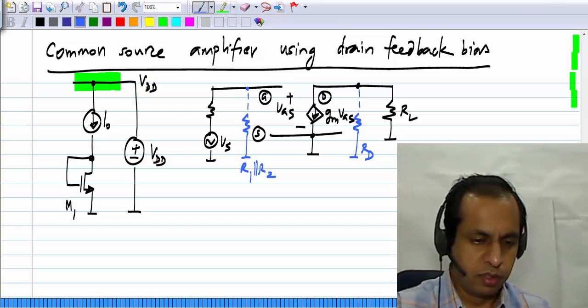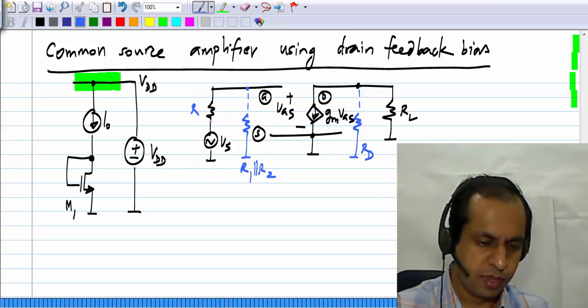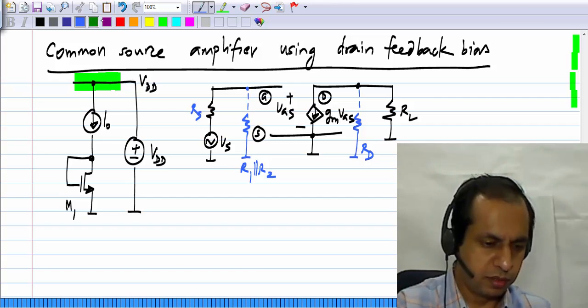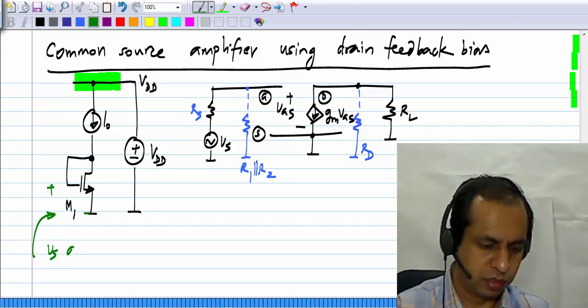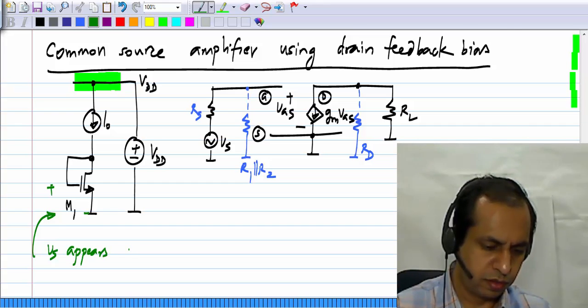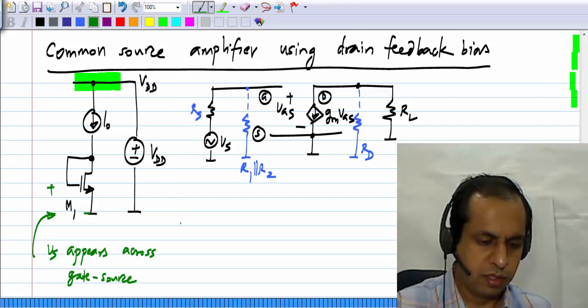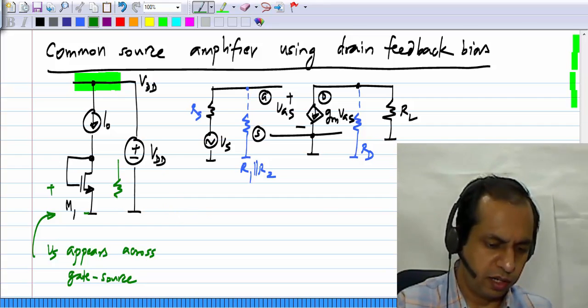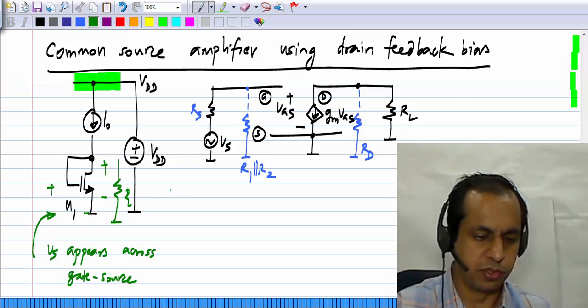So somehow we have to make sure that this signal Vs, or most of it, appears across gate source, and then we have a load resistance RL, and this RL must appear across drain source.